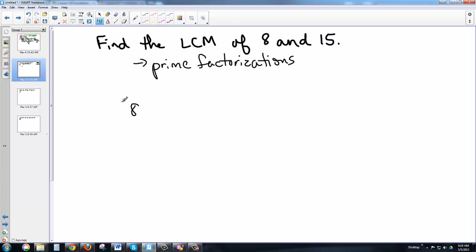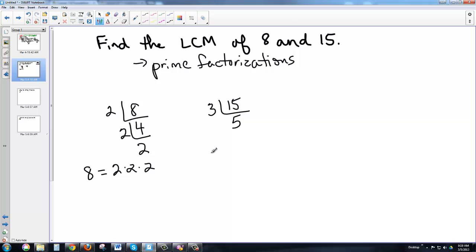So let's think about 8. The smallest prime number that goes into 8 is 2. It goes in 4 times, and we work our way down until we see that 8 is 2 times 2 times 2. Do the same thing with 15. Smallest prime number to go into there is 3. It goes in 5 times. So 15 is simply 3 times 5.